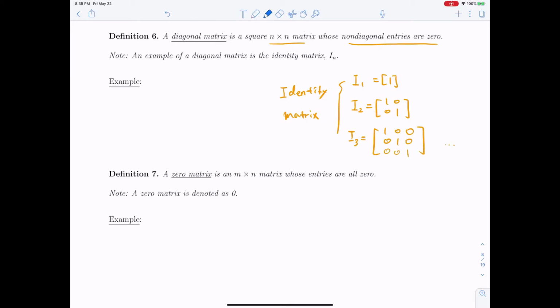Here you can see that only the diagonal entries survive, and all the others are 0. Also, a matrix given by 1, 0, 0, 0, 2, 0, 0, 0, negative 5 is also a diagonal matrix, because the only non-zero terms are on the diagonal.